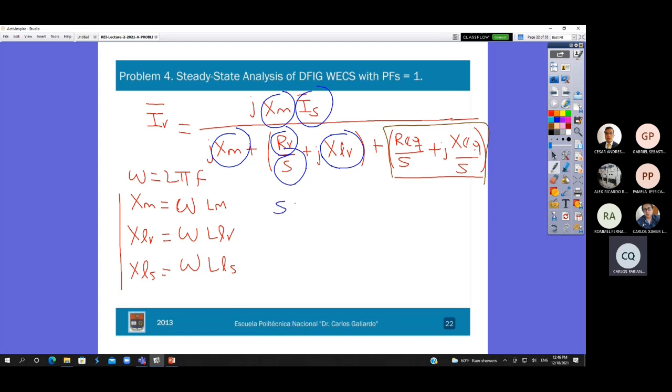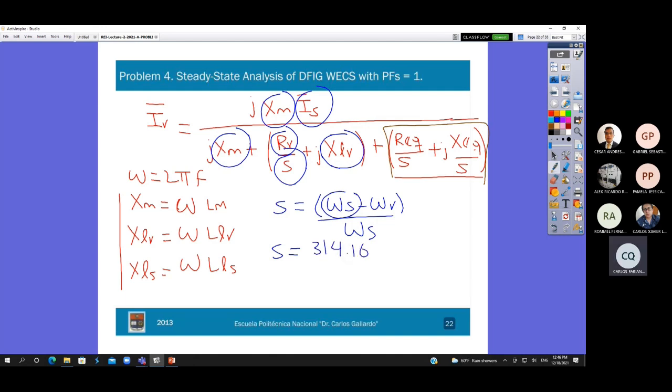By definition, the slip is equal to the stator speed minus the rotor speed, over the stator speed. So let's compute the slip. This value is 314.16.